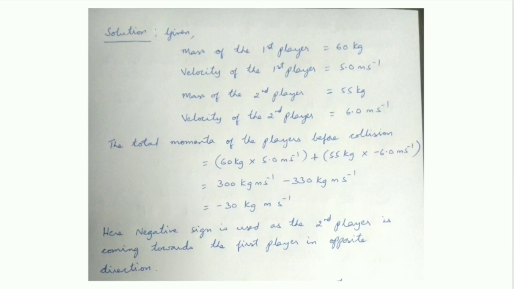Here, note that the velocity is shown negative because the second player is coming in the direction opposite to the first player. So we get 300 kg meters per second minus 330 kg meters per second, and this equals minus 30 kg meters per second.